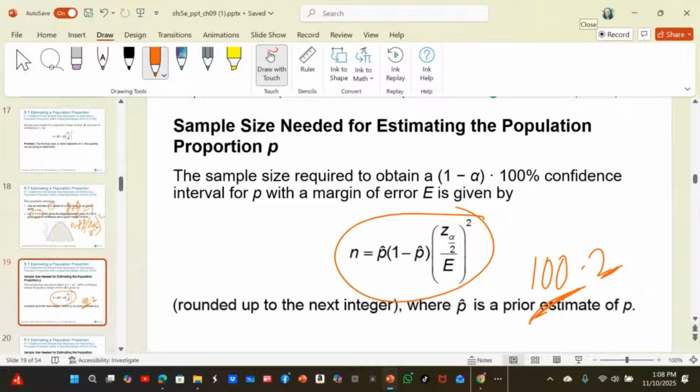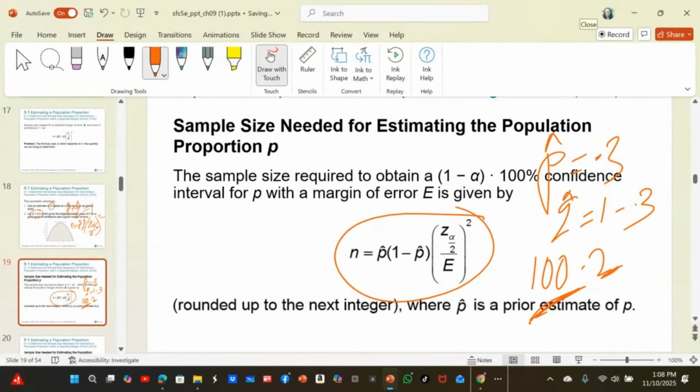Suppose you are given that the prior estimate is 0.5 or 0.3. If the prior estimate P hat is 0.3, remember it is a probability, therefore it cannot be more than 1. So if the prior estimate is 0.3, then Q hat will be 1 minus 0.3, which is 0.7.